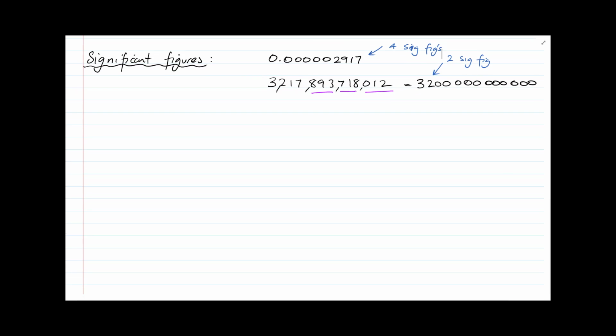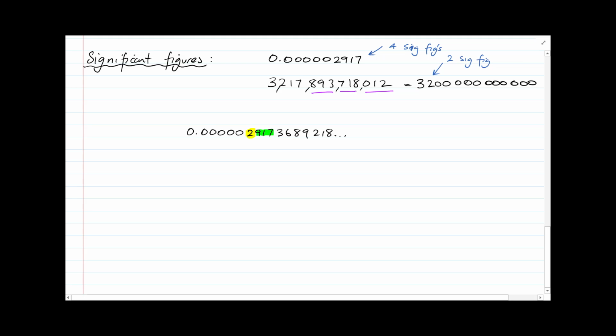So this is how significant figures work. We get a number such as 0.00002917, and let's say that was extended to be 3689218, and so on. And we move ourselves down to the first non-zero number, which in this case is 2. And from that 2, we highlight the number of significant figures we'd like. So we've got 2917.